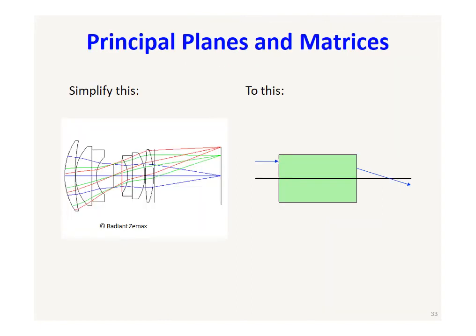So we've seen already that principal planes are really useful for thick lenses and even compound lenses, and so we can take a really complicated lens system and we can simplify it down to simply 2 principal planes. So we can use the matrix system also to describe the positions of those planes.